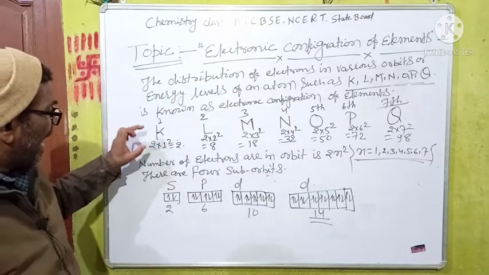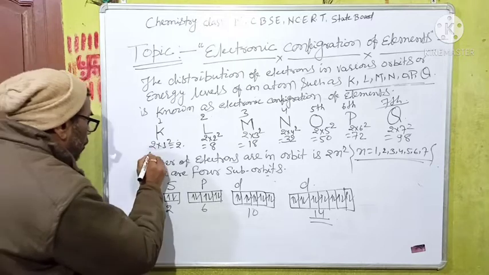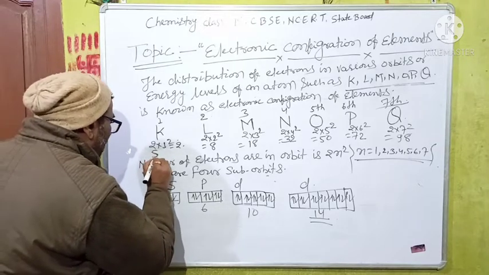So K has only one suborbit because it has only 2 electrons. So it has one suborbit, S.